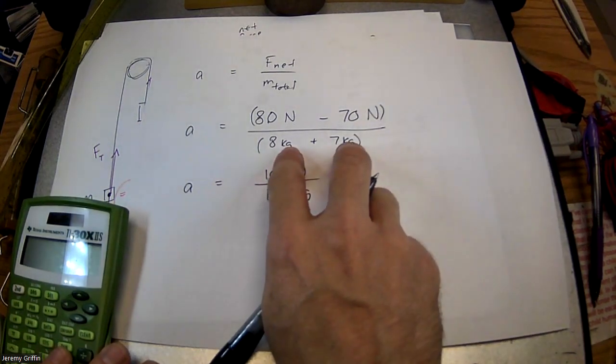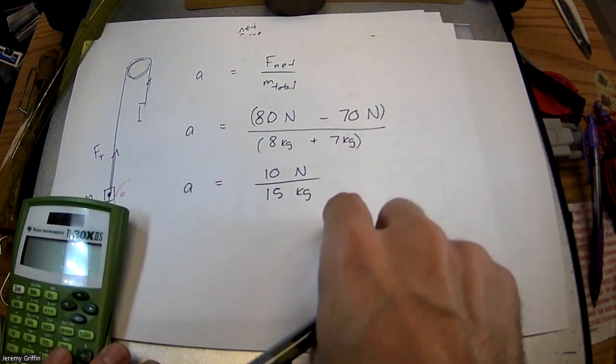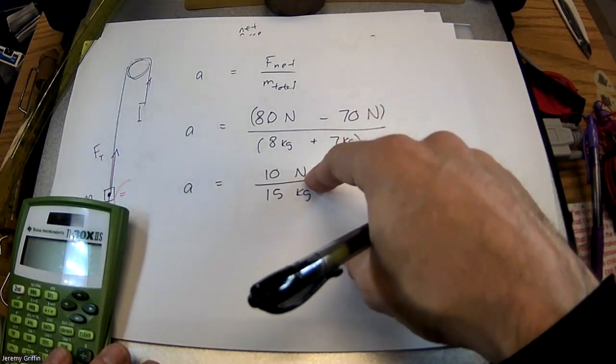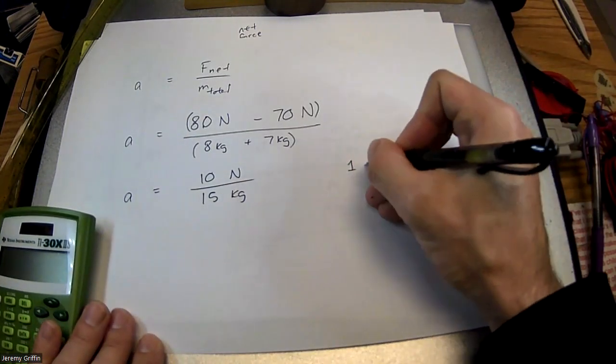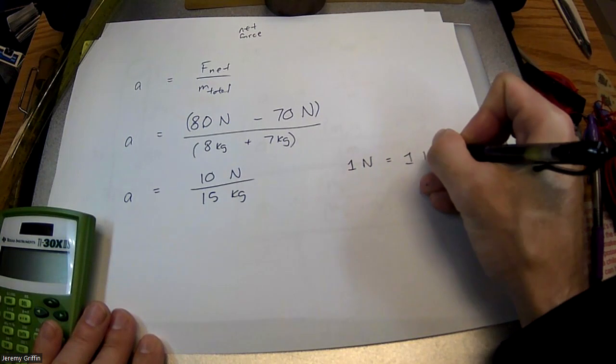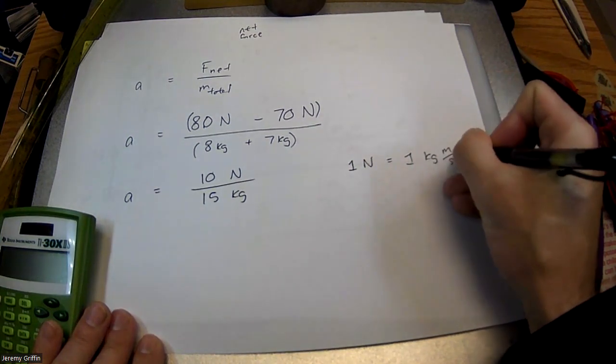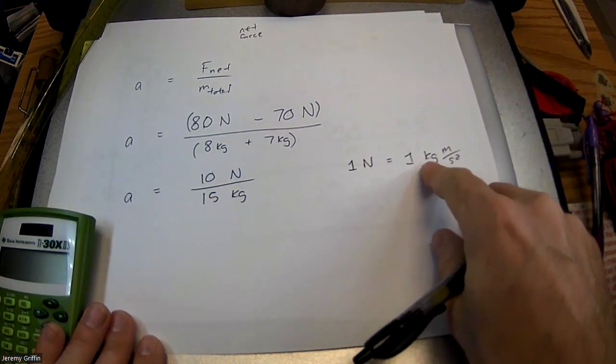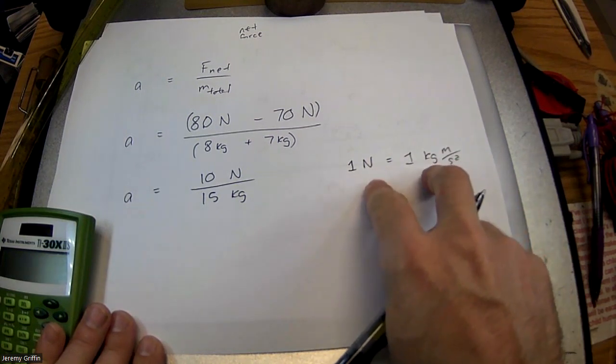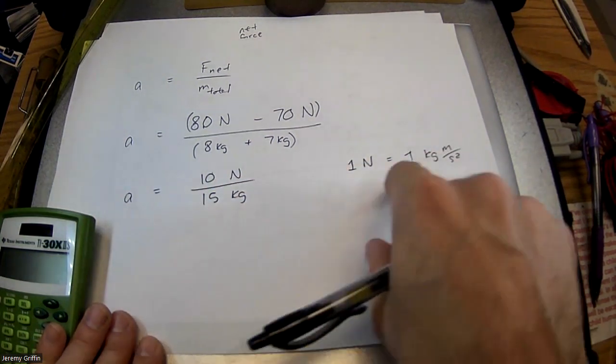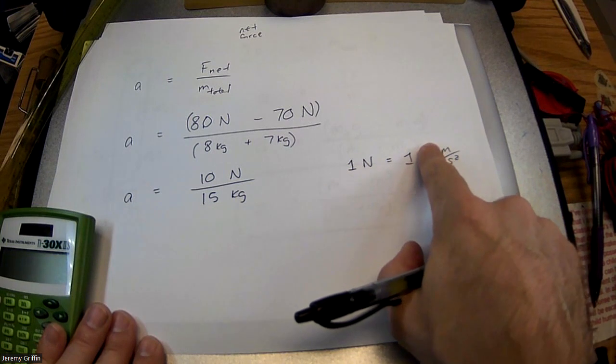Actually, I do specifically want to keep kilograms because kilogram is the base unit. You guys remember 1 Newton is equal to 1 kilogram meter per second squared. Kilogram is an ingredient that's baked in the cake, right? So when I take newtons divided by kilograms, that leaves me just meters per second squared, right?